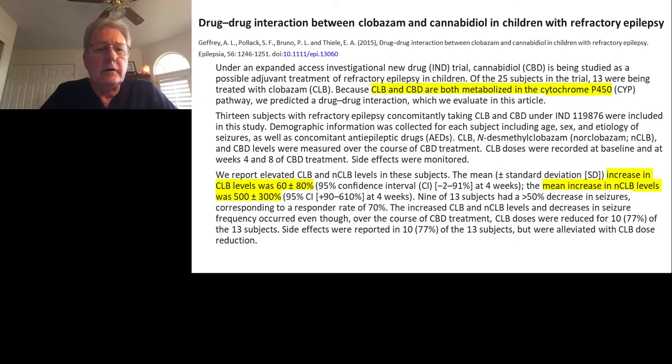And clobazam and its active metabolite, norclobazam, can have a profound impact on blood levels. And so if cannabidiol or CBD is being used, it's very important to monitor both clobazam and norclobazam at 4 and 8 weeks of starting therapy.